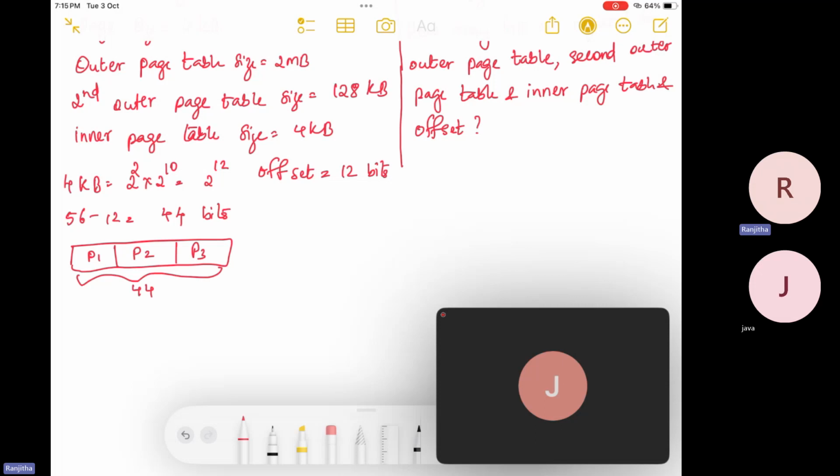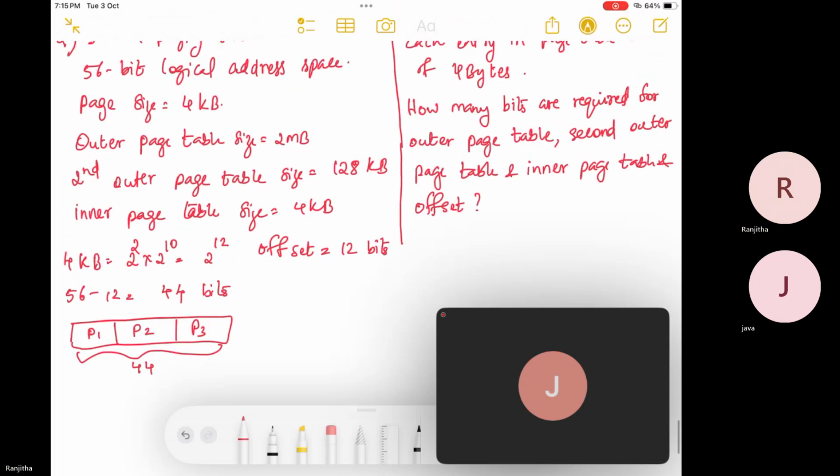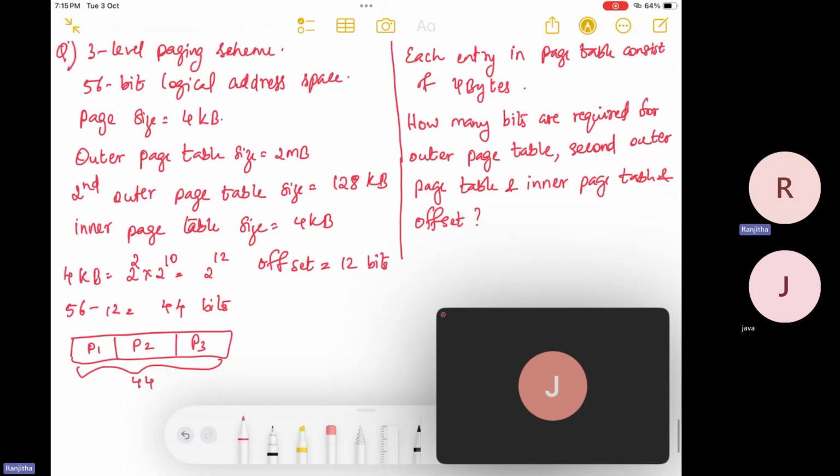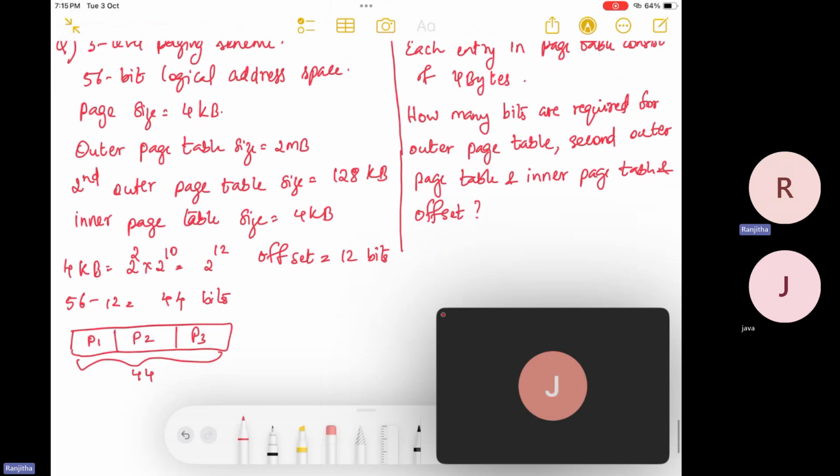Okay, so it is given that the outer page table size is 2 MB, and each entry in the page table consists of 4 bytes.